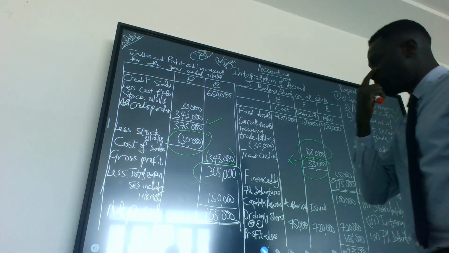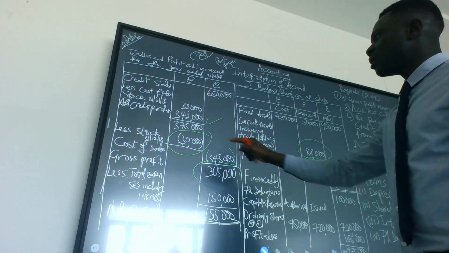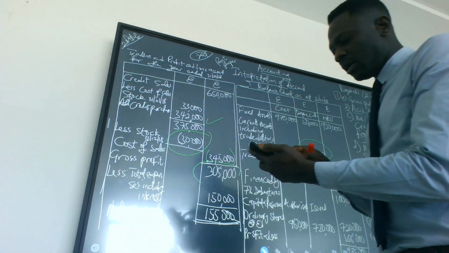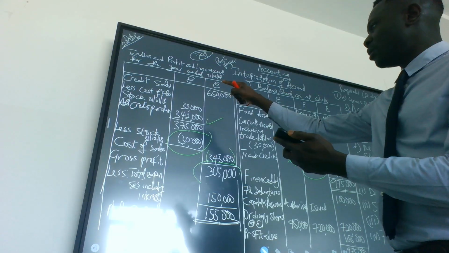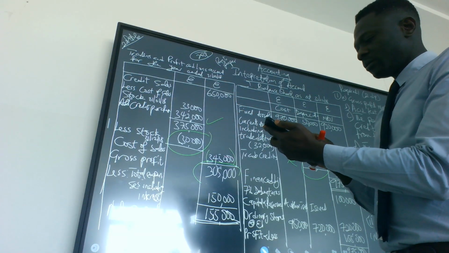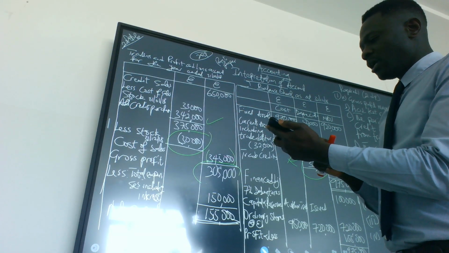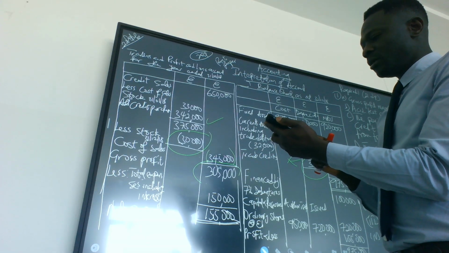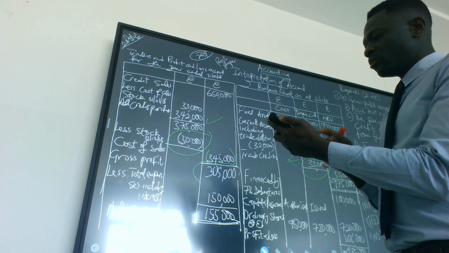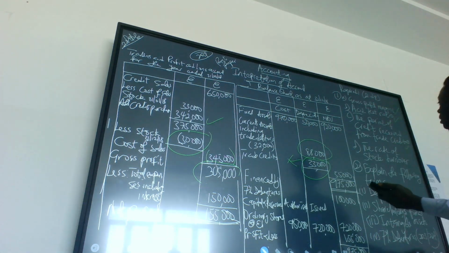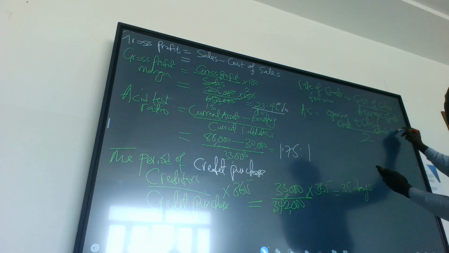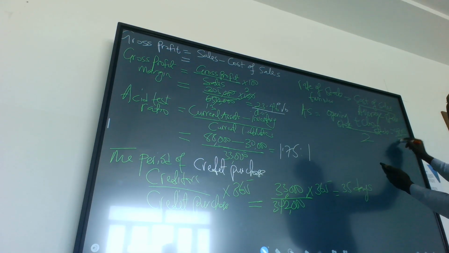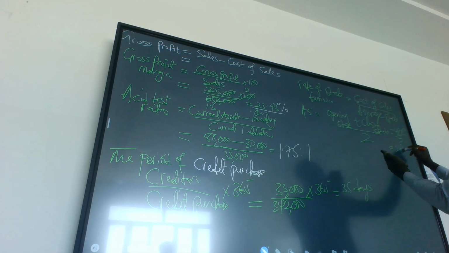Our opening stock is 33,000, plus closing stock 30,000, divided by 2. So that's 48,000, divided by 2, that's 24,000.